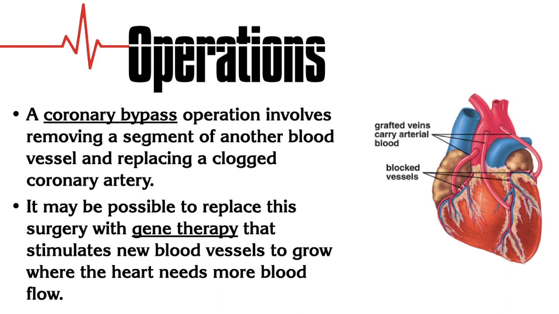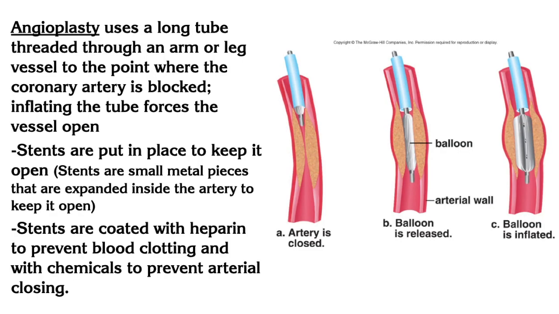Now, gene therapy can be used to stimulate new blood vessels to grow where the heart needs more blood flow. But then we also have angioplasty, which is using a long tube threaded through an arm or leg blood vessel.